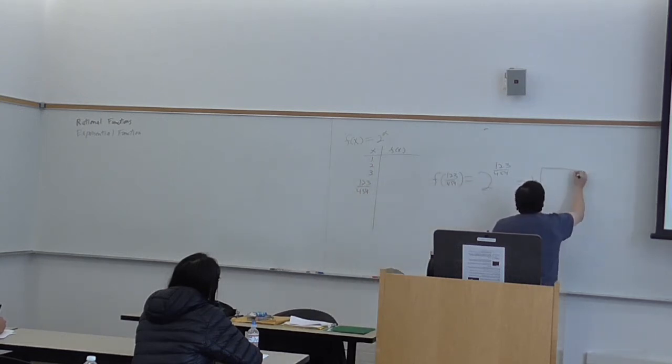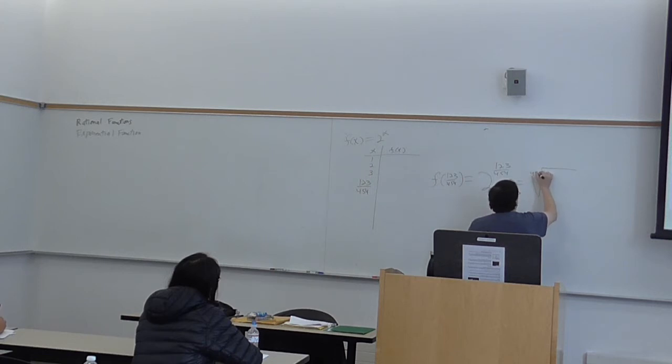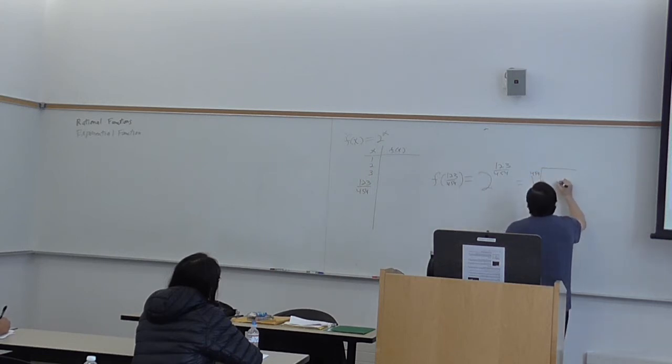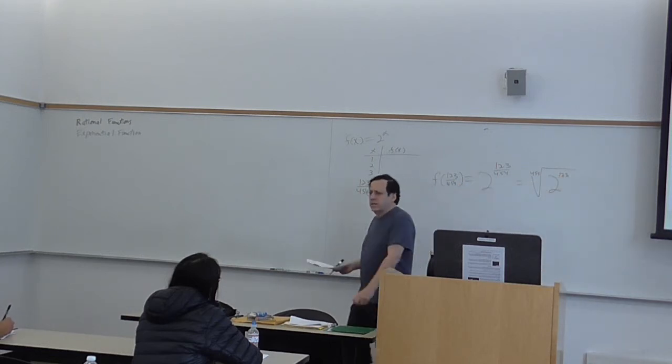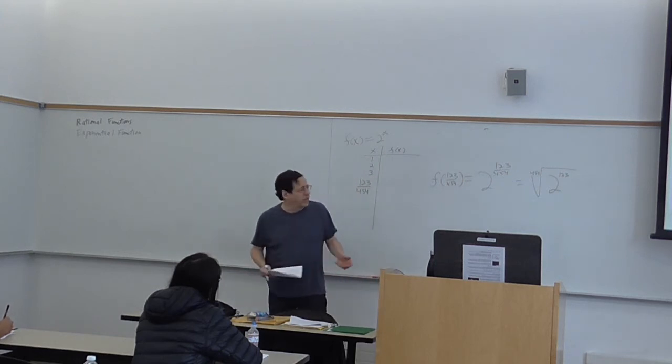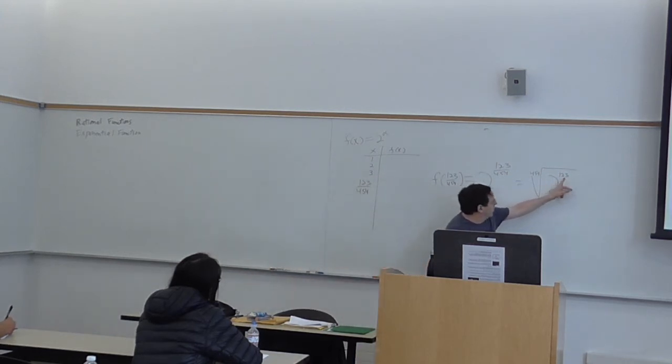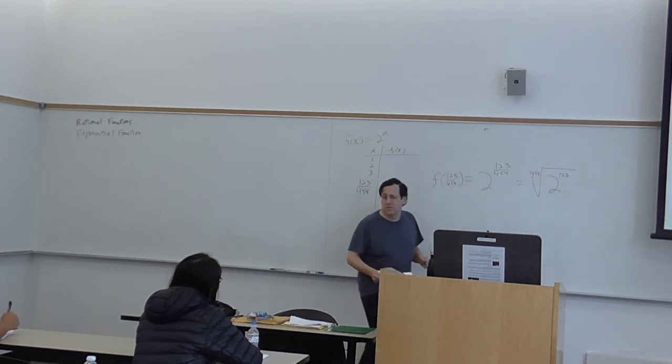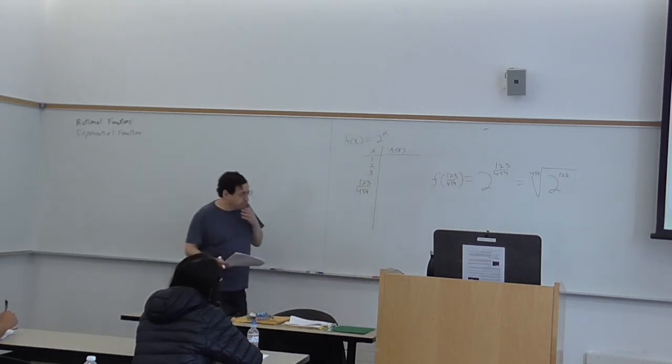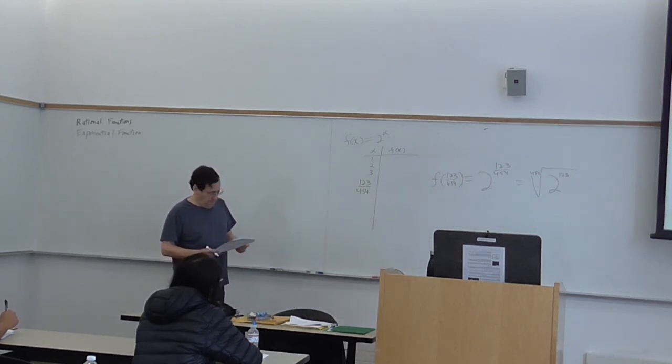It's the 454th root of 2 raised to the 123rd power. I could raise 2 to this, that's a big number. And then I could just use my calculator, or I could trial and error. I could try and find out the 454th root. That would be kind of difficult. But I know what it is.